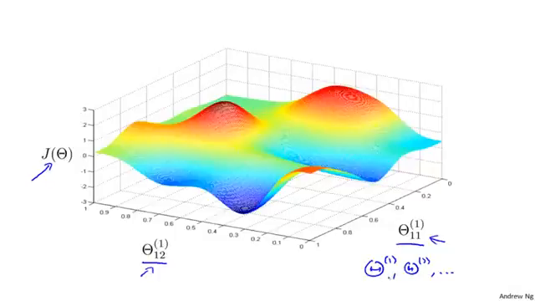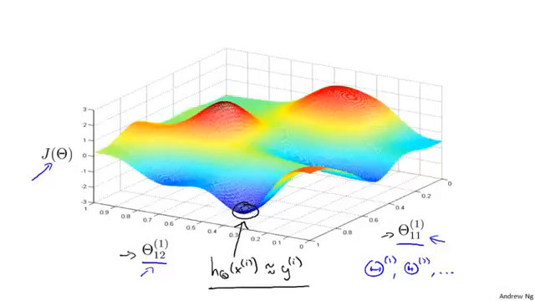Now, this cost function J of theta measures how well the neural network fits the training data. So if you take a point like this one, down here, that's a point where J of theta is pretty low, and so this corresponds to a setting of the parameters theta where, for most of the training examples, the output of my hypothesis is maybe pretty close to y i, and if this is true, then that's what causes my cost function to be pretty low.